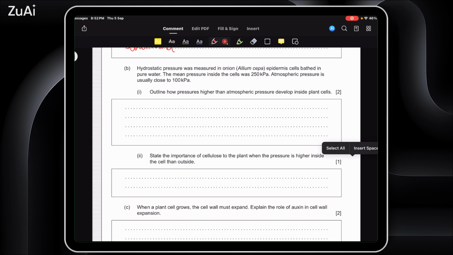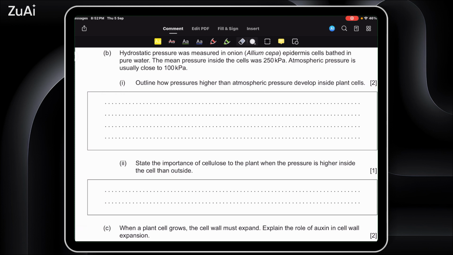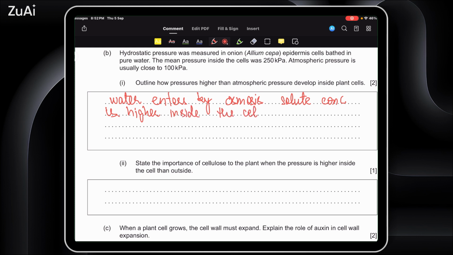So basically, water enters by osmosis, since the solute concentration is higher inside the cell, so water potential is more negative inside.